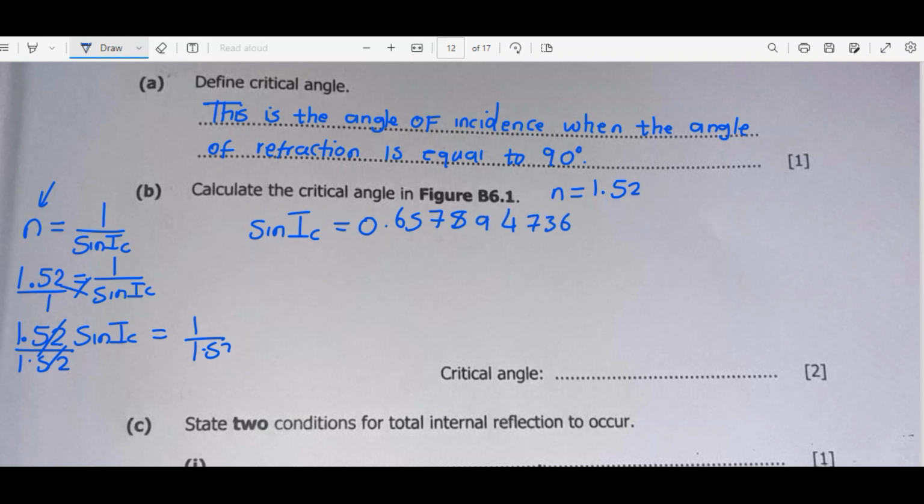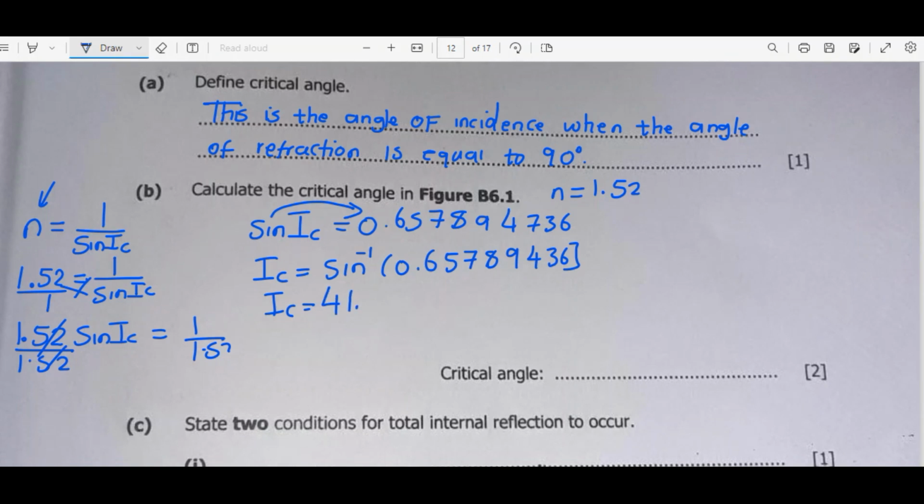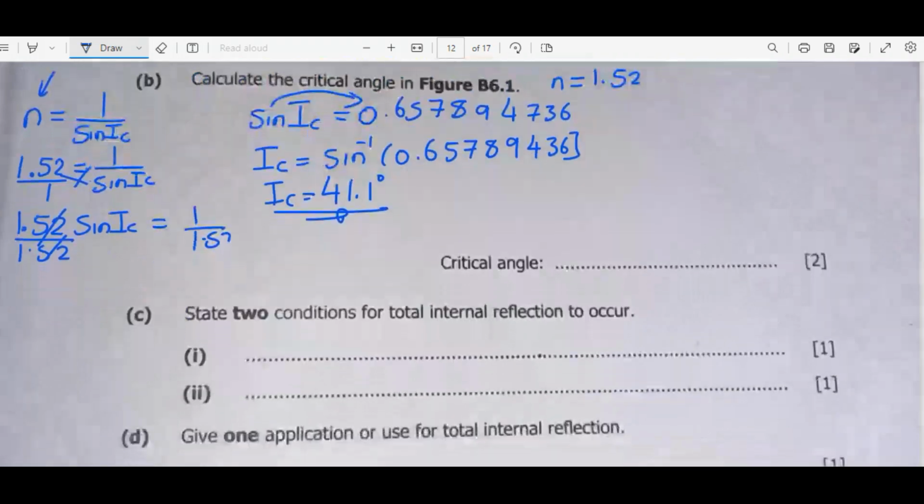Then we know that we need to shift sine. So we have IC is equal to sine inverse of this 0.657894736. So shift, then sine, answer. I'm getting 41.1 degrees as our critical angle.